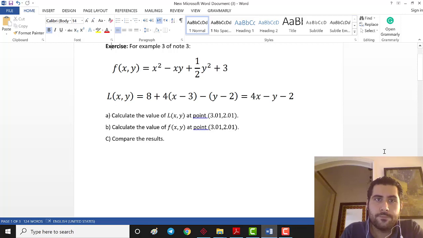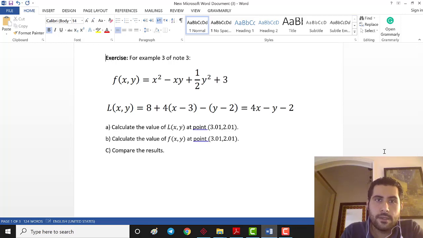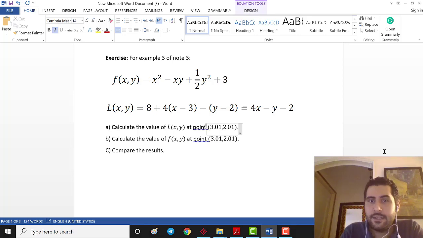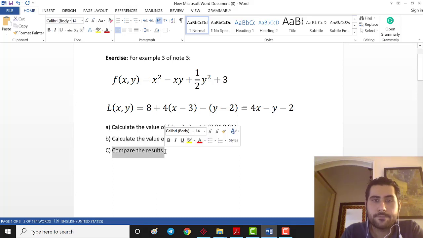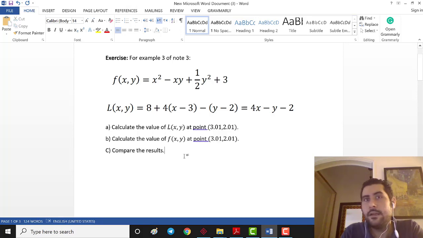We were supposed to calculate the value of the linearization at point 3.01, 2.01, and then again calculate the value of the actual function at that point. And at the end, we have to compare the results, right? Now, what was the result of that calculation?